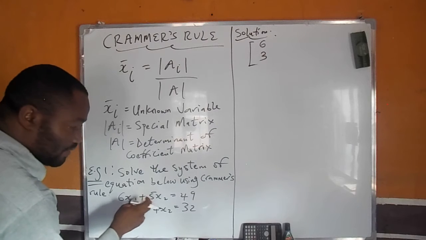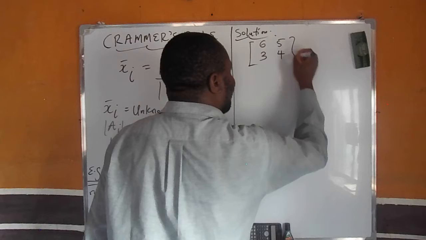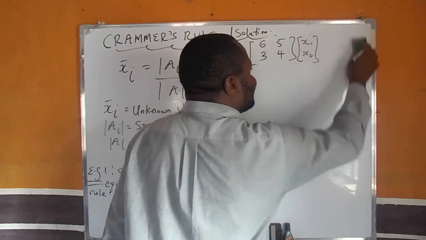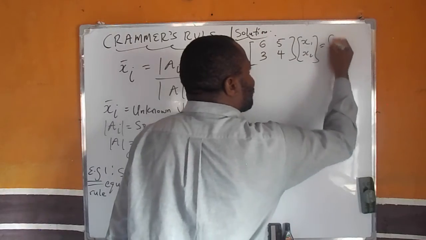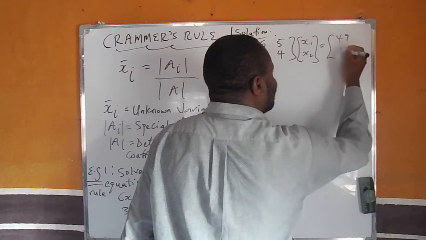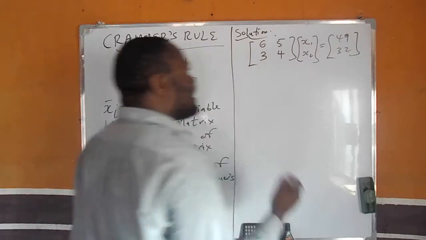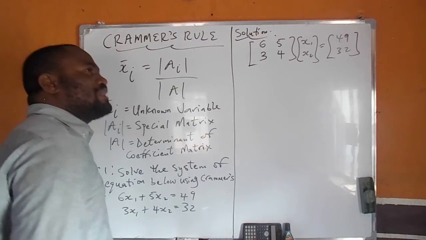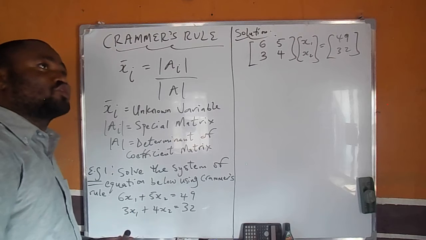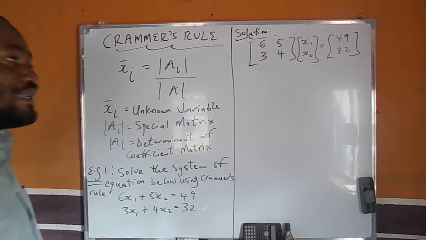Here is 5, 4, for x1, x2, then the answer values are 49 and 32. Now we look for the determinant of A, the determinant of x1 and the determinant of x2 before we can solve for our x1 and x2.